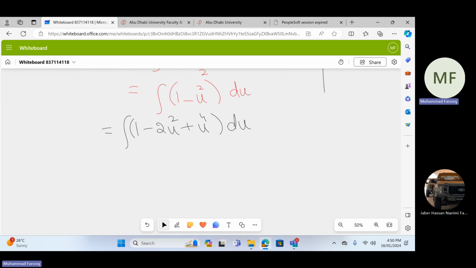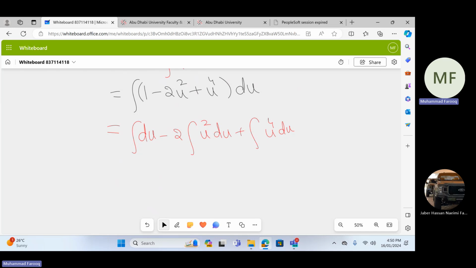So the integral of du minus 2 times the integral of u squared du plus the integral of u power 4 du. I distribute, yes or no?